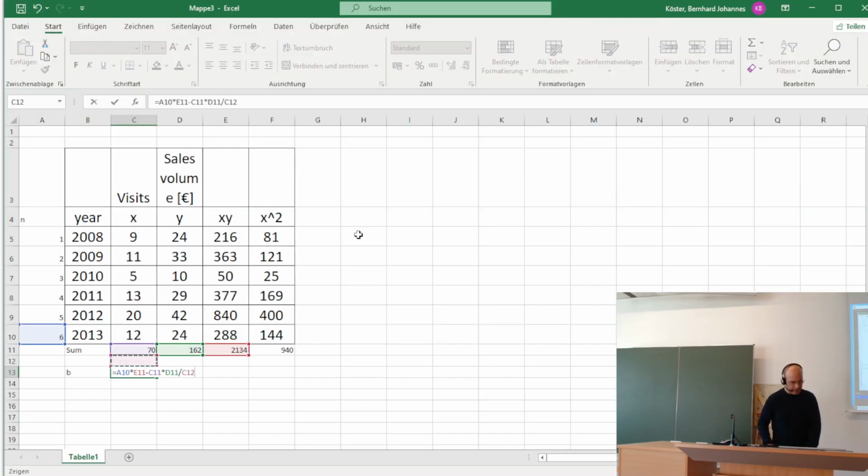So divided by 6 times sum of x squared, my 940, minus sum of x and outside brackets, so 70 squared. And if I now press enter, then I get a really wrong result, because of course only this part of my formula would be divided, and therefore I have to introduce the brackets within the formula.